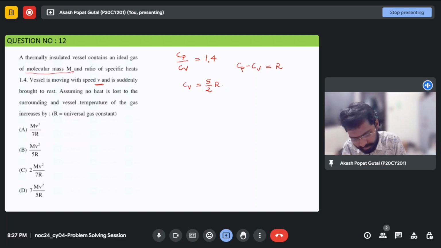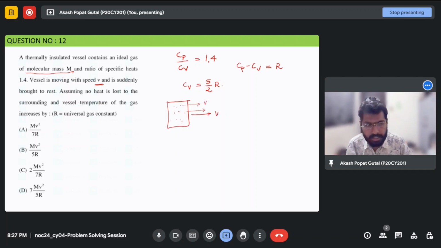And we know the molecular mass is M. So if the vessel is moving with velocity v, then every particle there is moving with velocity v, and its kinetic energy we can say is 1 half M v square. M is its molar mass, molecular mass.